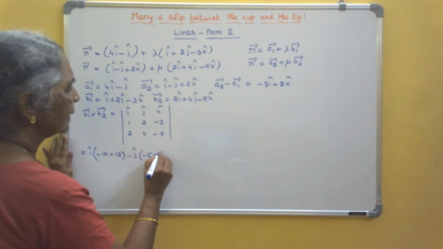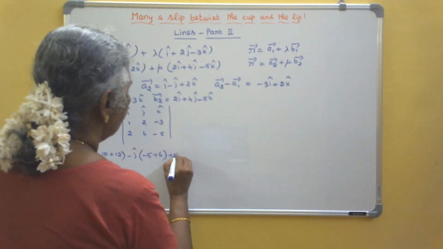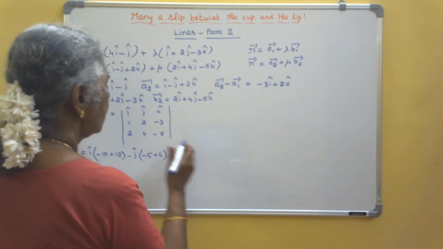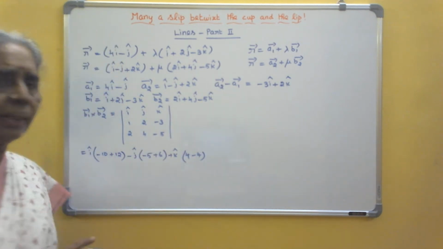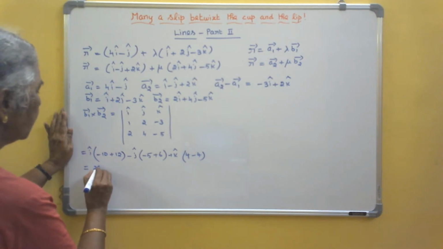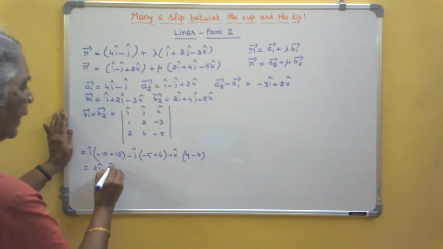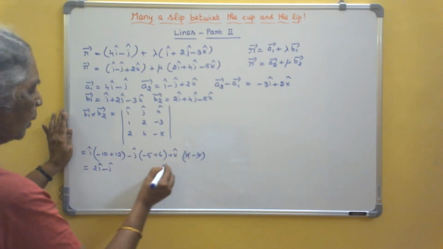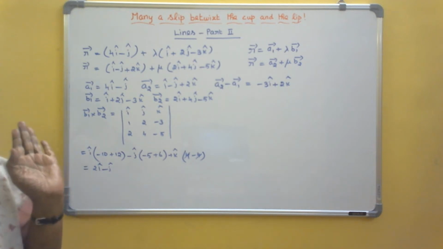Minus of minus 6, that will be plus 6. Plus k cap into 1 into 4, that will be 4. 2 2s are 4, so minus 4. Right. So now I will be getting here 2i cap. Here it is plus 1, there is a minus, so minus j cap. This and this will go, so I will not get any k cap.